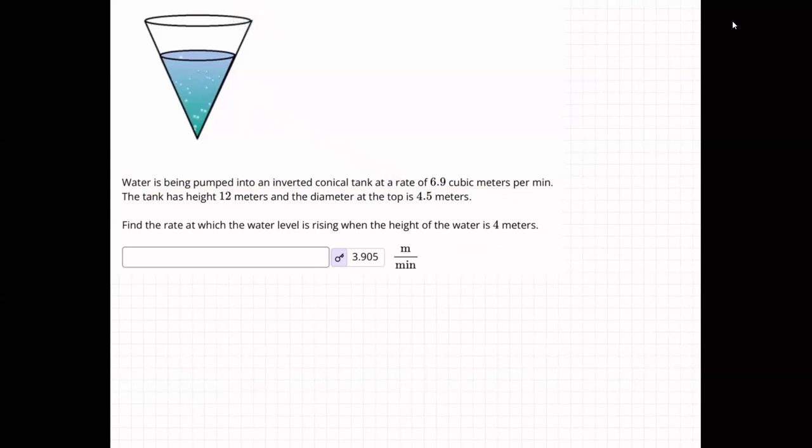Okay, so step number one is identify the rate variables. Like what rates do they mention? It says at a rate of 6.9 cubic meters per minute. Cubic meter is a volume.